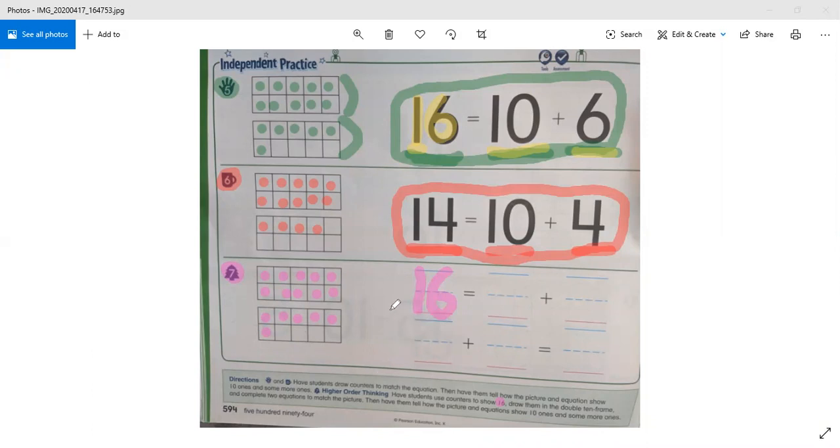All right, so the number 16, what did we get in our first 10 frame? 10, right? Because 16 is made up of 10 ones. So this is my number 10. And then how many more ones is in 16? I have 10 ones, and then how many more ones? 1, 2, 3, 4, 5, 6, right? So I put 6 here. So let's say what we know out loud. 16 is 10 ones and 6 more ones.